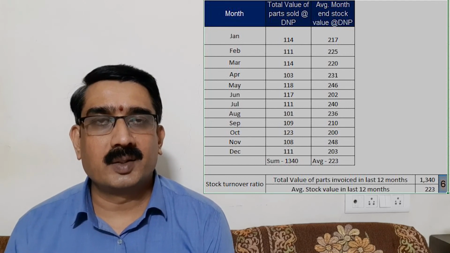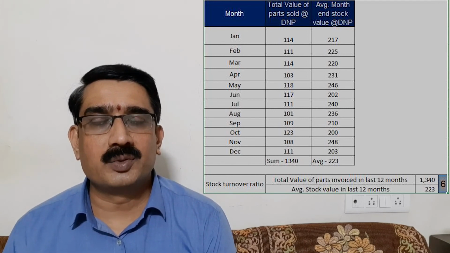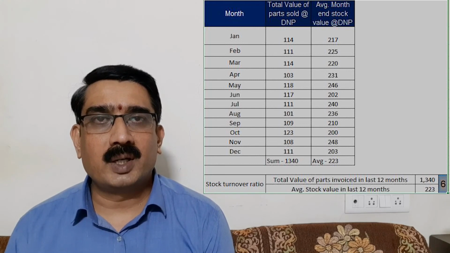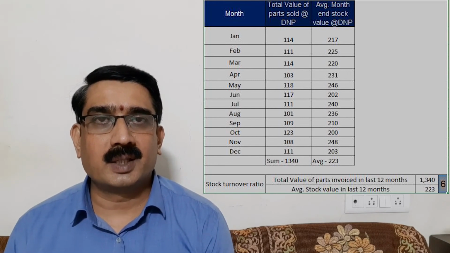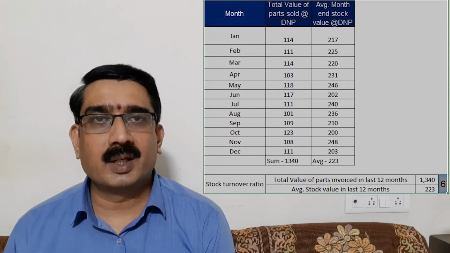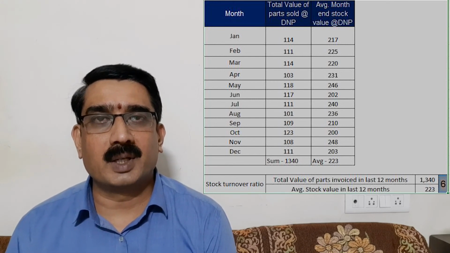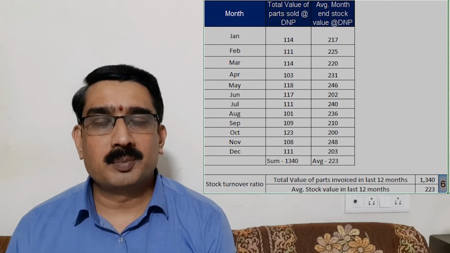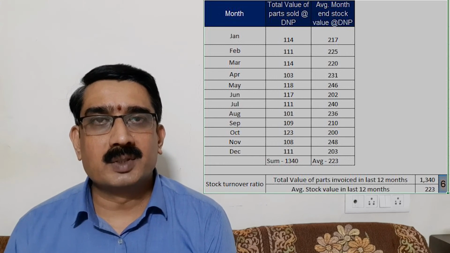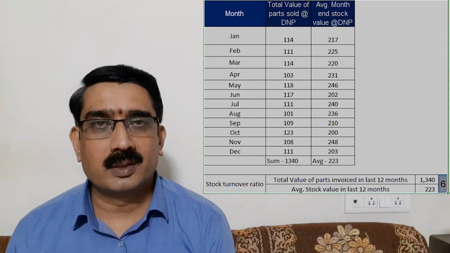What is this? It is the stock turnover ratio. That means we are rotating our inventory 6 times in a year. Basically, it is a financial parameter, and it is used for many business calculations, to see how effectively we are utilizing the fund.